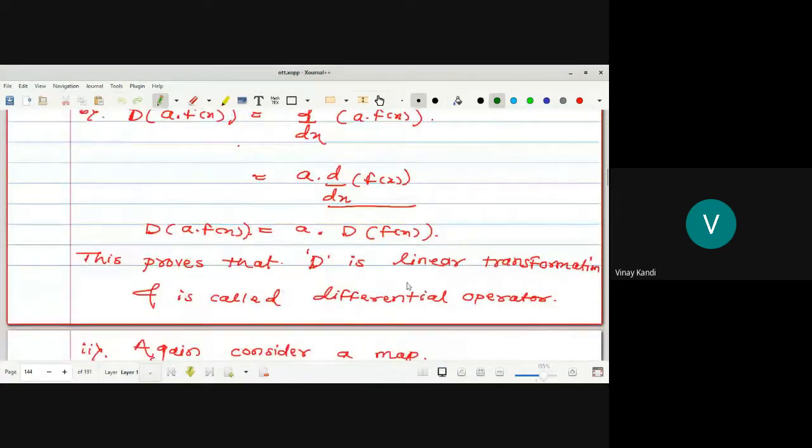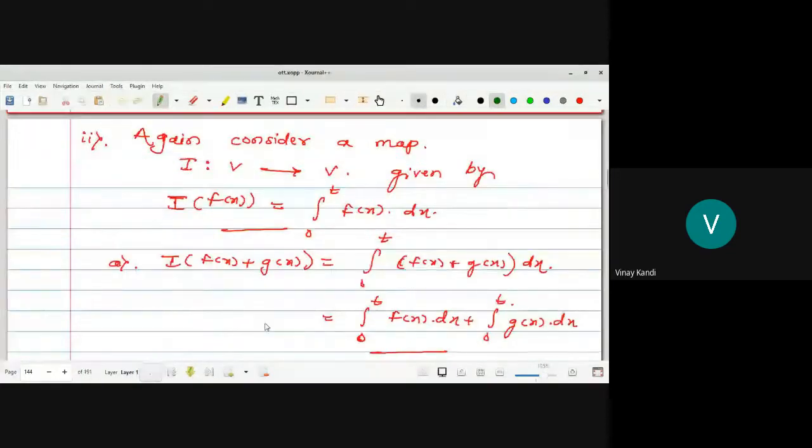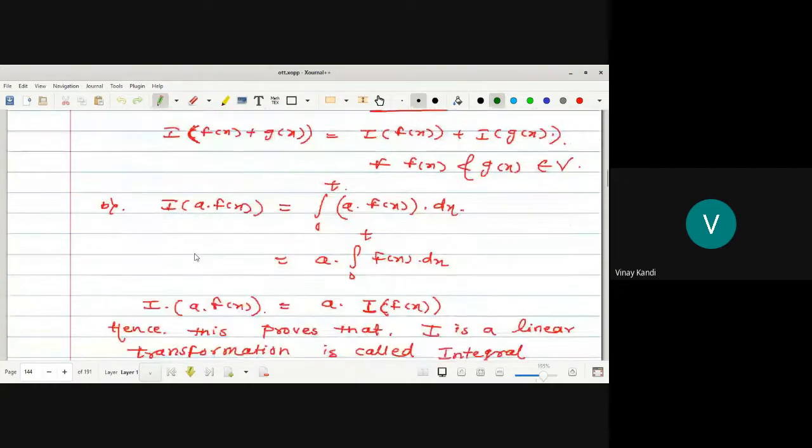The fourth example is the integral transformation. If V is the vector space of polynomials in the variable x, and I is defined from V to V such that I of f of x is equal to the integral from 0 to t of f of x, it also satisfies the two conditions of linear transformation. Hence this operation is again a linear transformation, called the integral transformation.